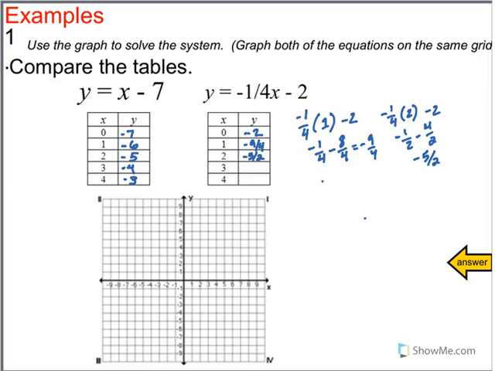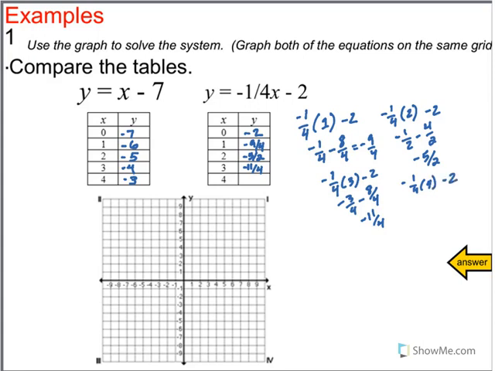I do the same thing for my next one, so that's -1/4 times 3 minus 2, or -3/4 minus 8 over 4. Again I can't subtract 2 from that, I've got to get a common denominator. This would be -11/4. And then my last one would be -1/4 times 4 minus 2.